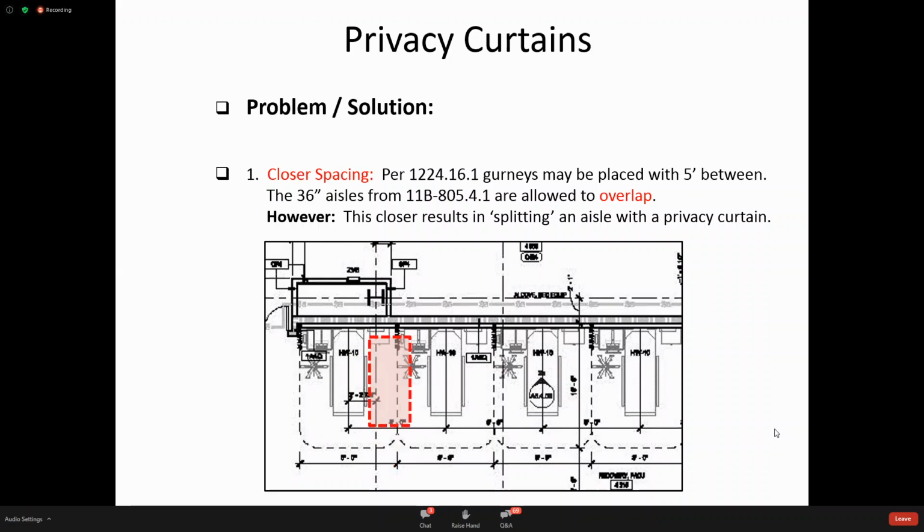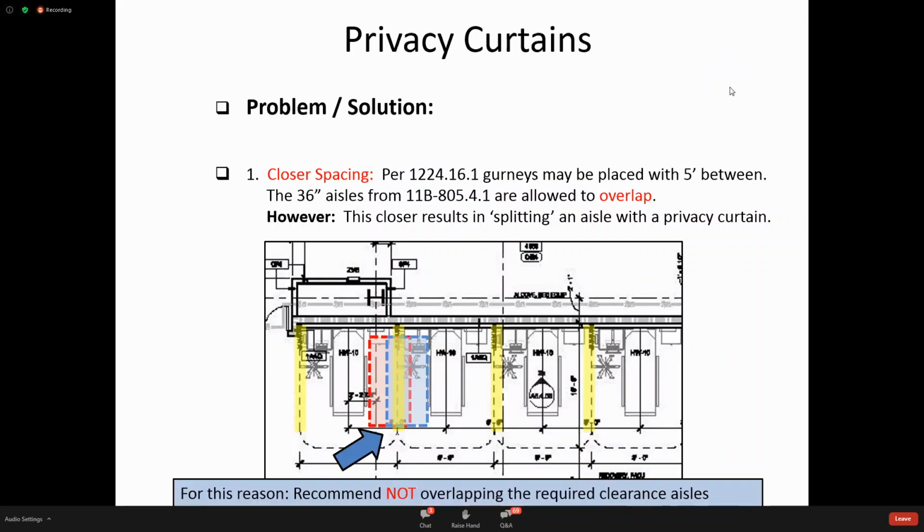So if we have the right clearance shown in red and the clearance for the other bay shown in blue, they are allowed to overlap. That's not a problem. Code doesn't say you can't overlap your clearances. But what I want to demonstrate is when you drop in those curtains, you've got a practical problem. It's not a code problem, it's a practical issue.